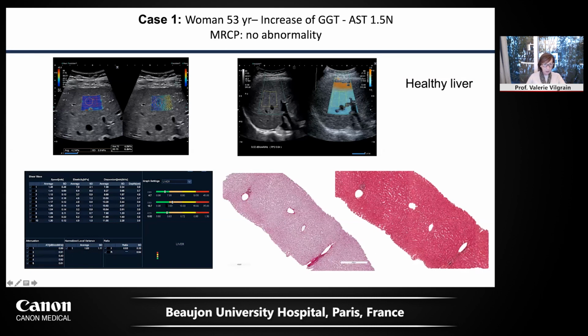And actually, most of the values were in the green or orange area, and indeed the patient had a healthy liver. If we look now at another case, this is the result of the biopsy: no steatosis, no fibrosis, no attenuation.